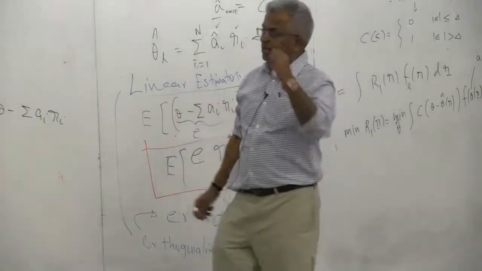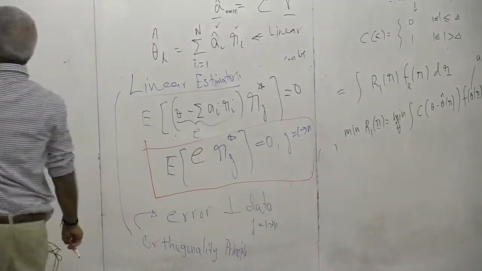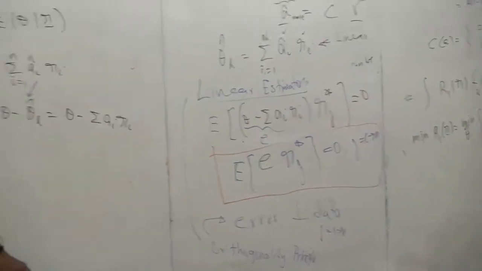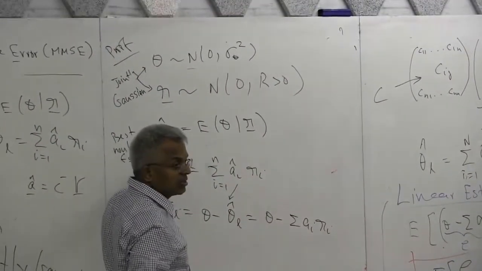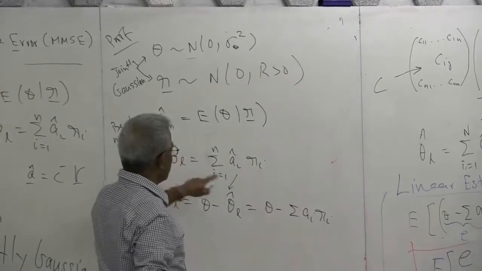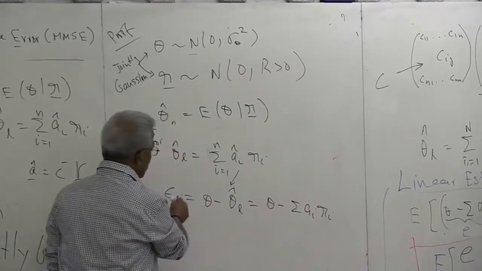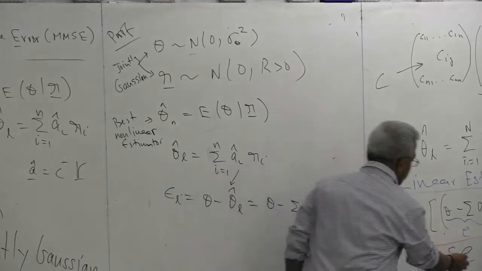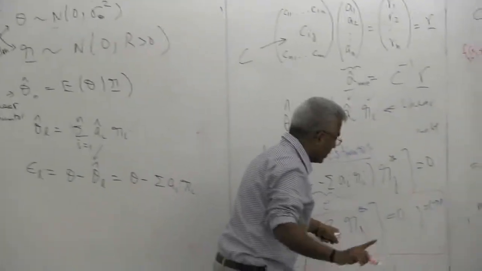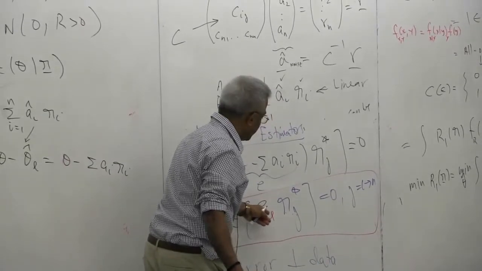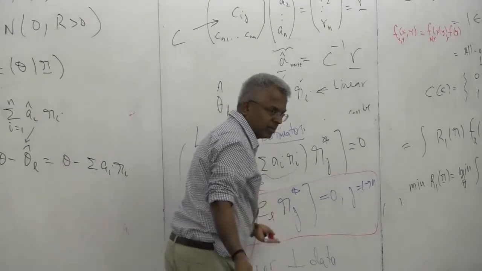So let's use it here. What I want to show is that these two estimators are the same, right? So I'm going to use that property here. Remember, this is of course linear error, right? We are talking about the linear case, not non-linear. Since it is the linear case, you don't need L, etc., but I'm just saying.